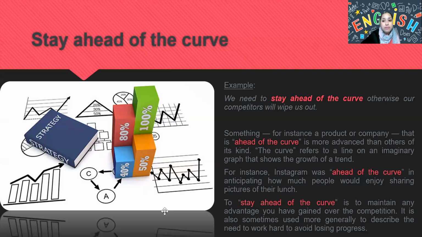The curve refers to a line on an imaginary graph that shows the growth of a trend. Here's an example also from Instagram. For instance, Instagram was ahead of the curve in anticipating how much people would enjoy sharing pictures of their lunch.